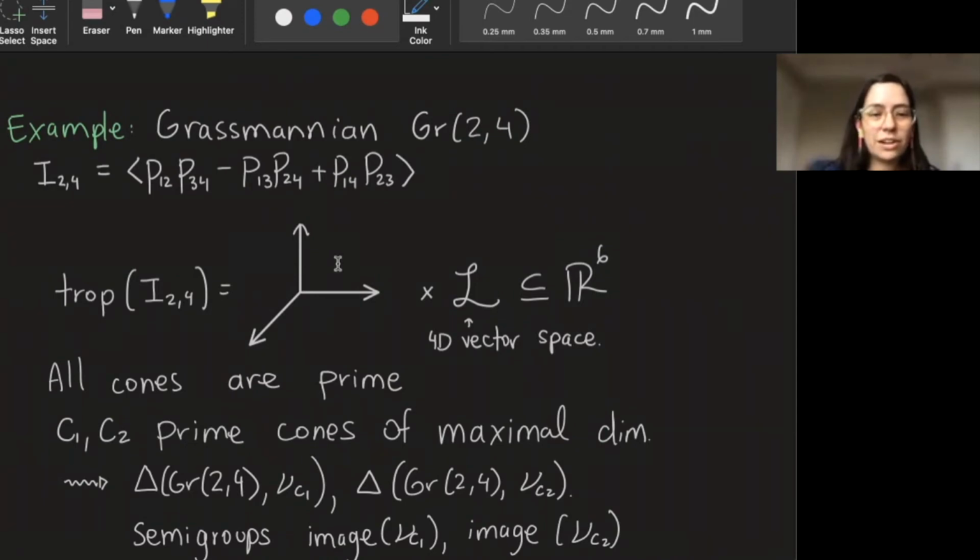These things are empty. So of this fan with a 4-dimensional vector space. And a nice feature about the Grassmannian Gr(2,n) is that all of the cones in its tropicalization are prime. And so this is perfect to apply the machinery developed by Sturmfels and Kumers.